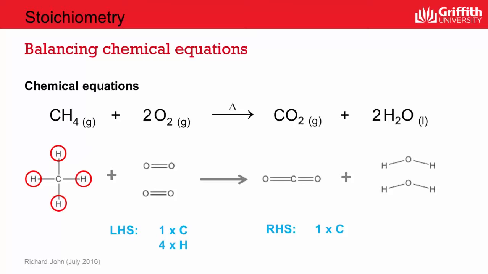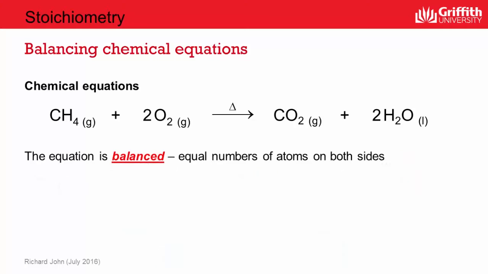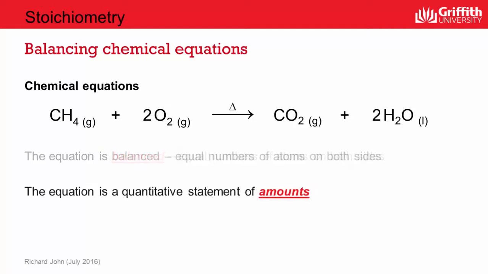On the left-hand side, the 4 hydrogen atoms are tied up in the methane molecule, whereas on the right-hand side we've got 4 hydrogen atoms tied up in those 2 water molecules. 4 oxygen atoms on the left-hand side are tied up in the 2 oxygen molecules, and we've got 4 oxygen atoms on the right-hand side spread across the carbon dioxide molecule and those 2 water molecules. So this equation is said to be balanced. We've got equal numbers of atoms on both sides of the chemical equation there.